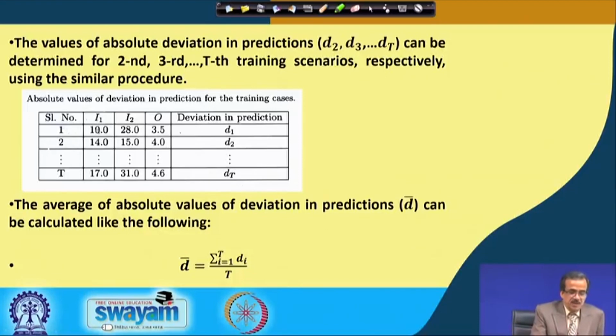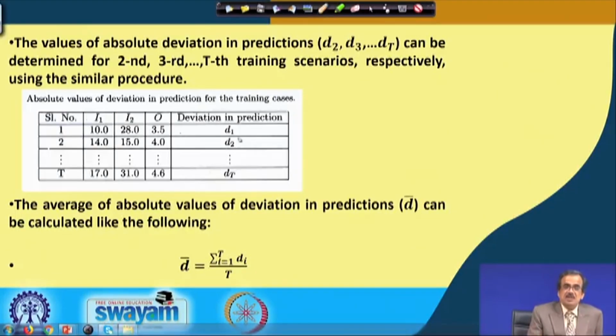Corresponding to the first training scenario, say the deviation is denoted by d 1, corresponding to the second training scenario the deviation is denoted by d 2, and corresponding to the tth training scenario the deviation is represented by d t.